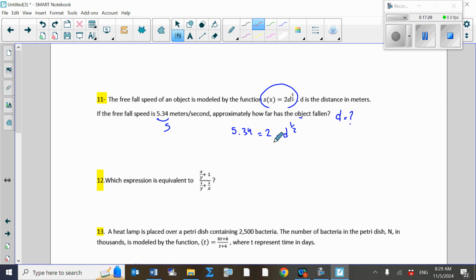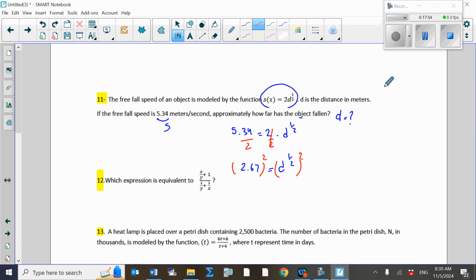The first thing is divide by 2. So it's going to be 2.67. 5.34 divided by 2 is 2.67 equal to d to the power of 1/2. Next, I want to get rid of the power of 1/2. I can raise to the power of 2. Why?